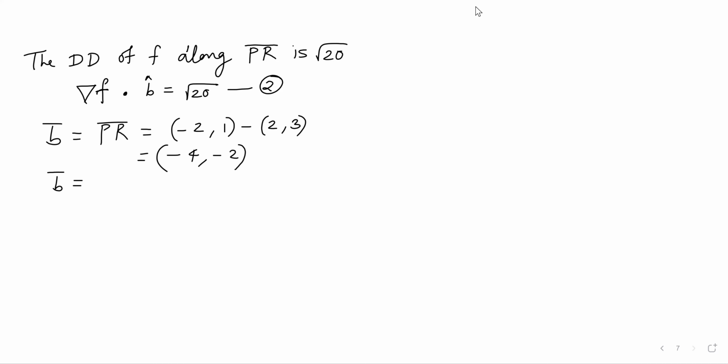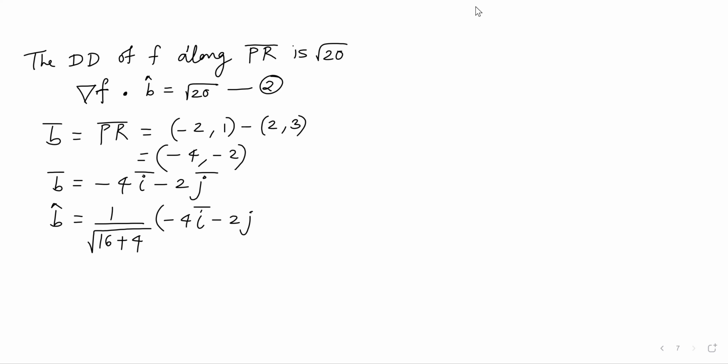So B bar is minus 4i bar minus 2j bar. Find out B cap for this. So it is 1 upon under root 16 plus 4, and this is minus 4i bar minus 2j bar. So B cap is 1 by root 20 times minus 4i bar minus 2j bar.